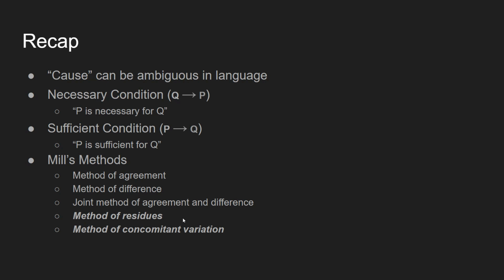And the joint method of agreement and difference identifies sufficient and necessary conditions. The method of residues and the method of concomitant variation identify causal connections without regard to the kind of causality involved. The methods of agreement, difference, and concomitant variation resemble certain methods used in the natural sciences and the social sciences to identify causal connections.